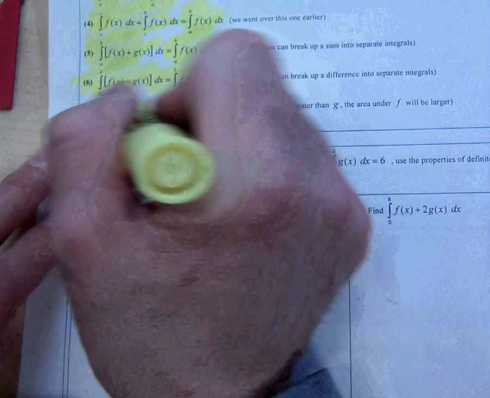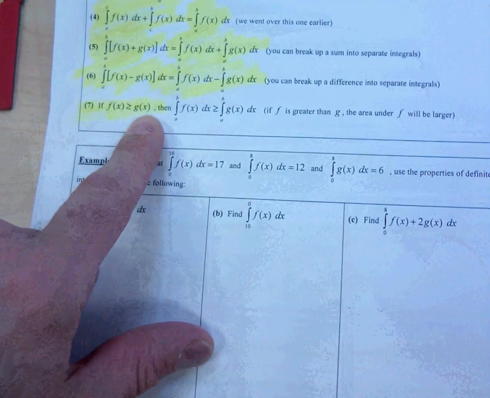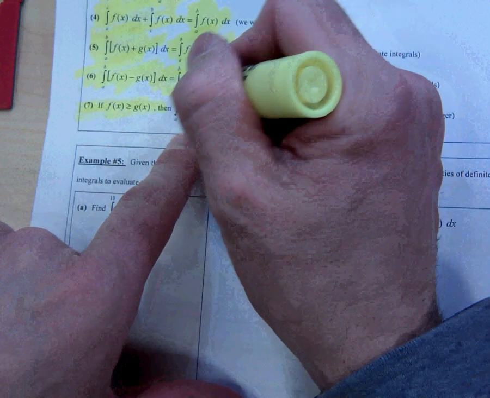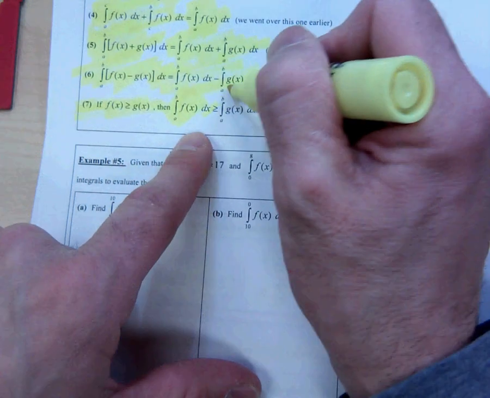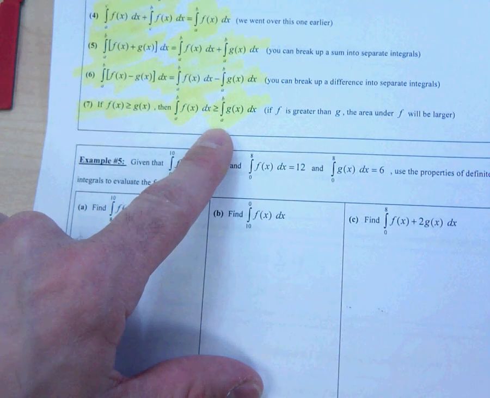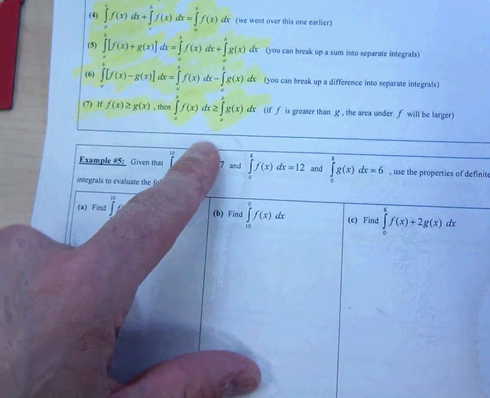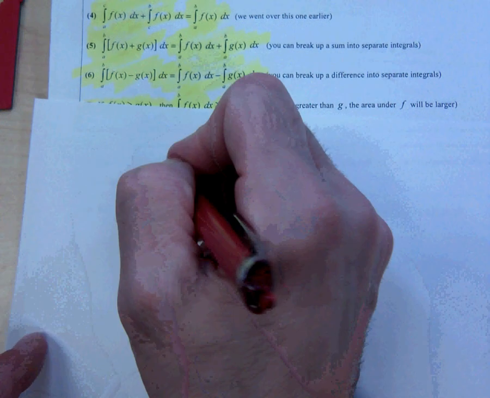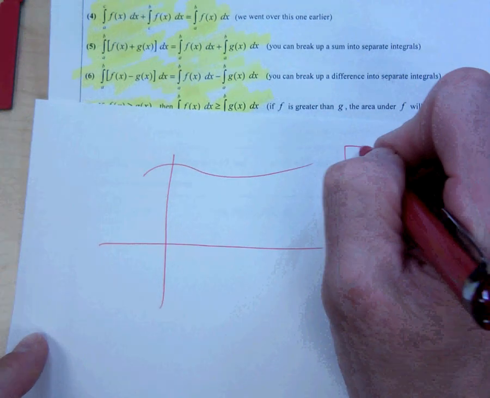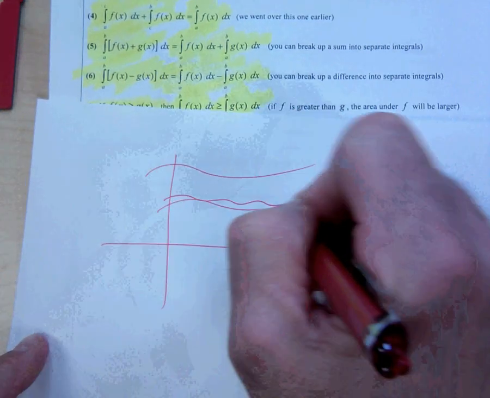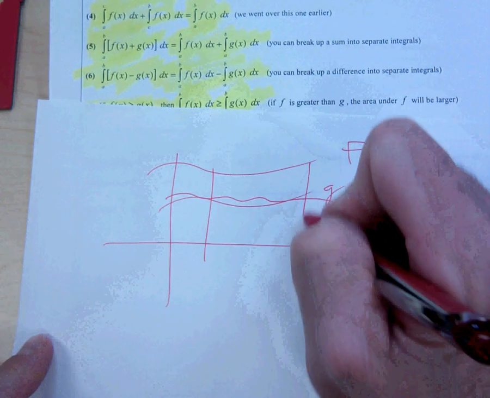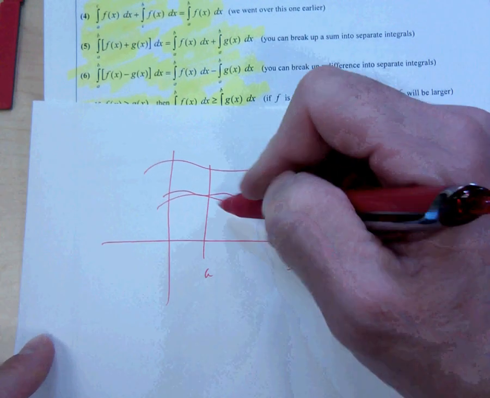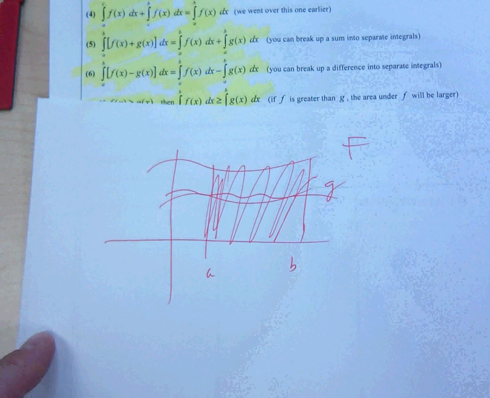And then what's this one say? If f is greater than or equal to g, then what? The area under f has to be greater than or equal to the area under g. Does that make sense? That's common sense. Think about it. If f is greater than or equal to g, in other words, graphically it's above it, won't the area under f from a to b be greater than the area under g from a to b?